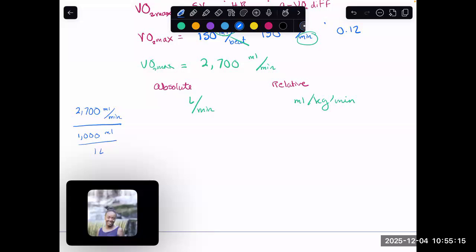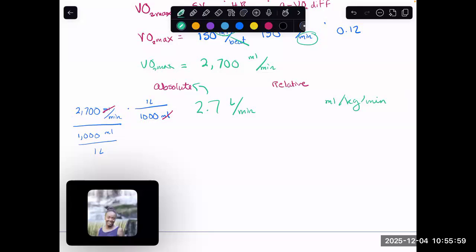So when we flip this, if you remember from algebra, flip it from bottom to top, we get 1 liter over 1,000 milliliters. Probably could have done this an easier way, but here we go. The milliliters cancel. You divide 2,700 by 1,000, and you get 2.7 liters per minute. And then when we want to convert this to relative terms, let me just denote that that's for this one. I allowed myself to run out of space here.